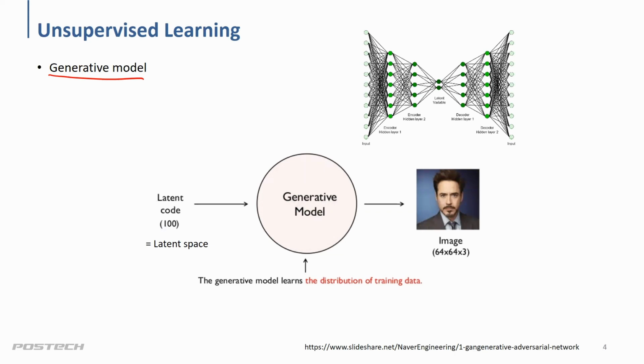Hey AI, we know that you're good at classifying things to make them distinguishable, but this task is a little different. I want to ask you to draw a picture of whatever you think is a man. So I want to ask AI to generate. This is a totally different task.